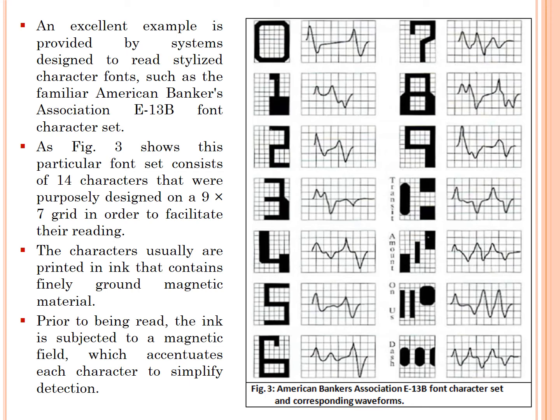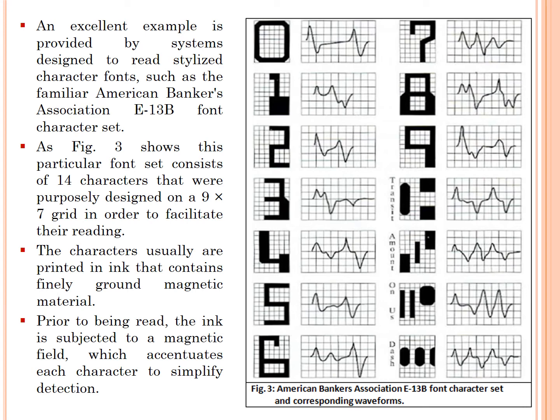An excellent example is provided by systems designed to read stylized character fonts such as the familiar American Bankers Association E13B font character set. As figure 3 shows, this particular font set consists of 14 characters that were purposely designed on a 9 by 7 grid in order to facilitate their reading.